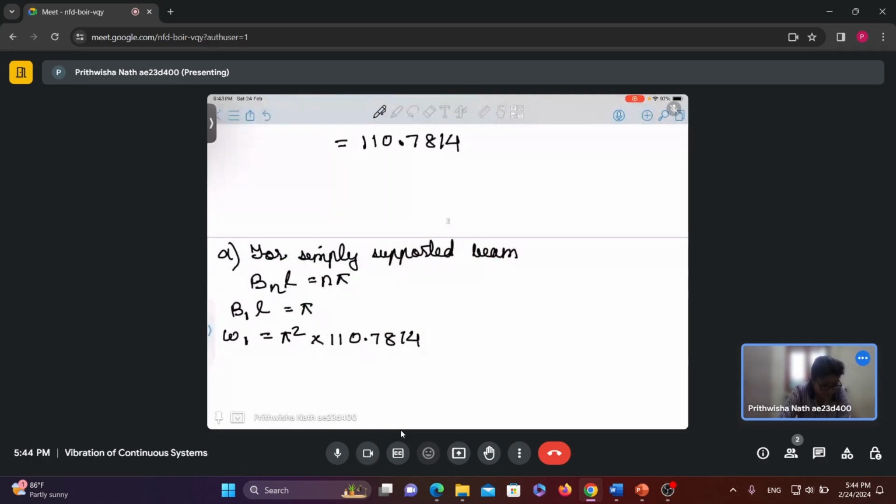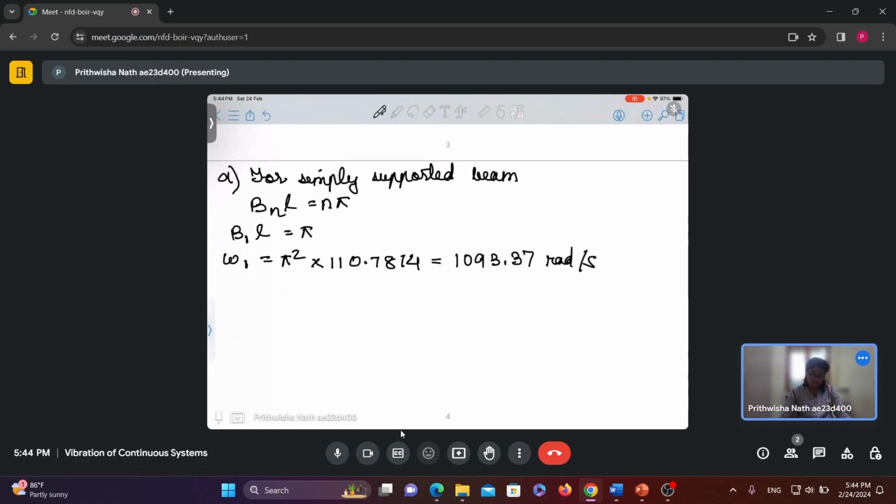So this is the omega 1. So this comes out to be around 1093.37 radians per second.